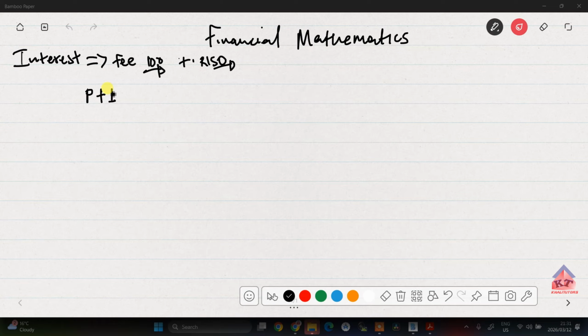So the interest, we are going to represent it using I, okay? So your principal plus interest is going to give me something that we call the future value, okay? Or the accumulated sum. You can call it future value or accumulated sum, okay?